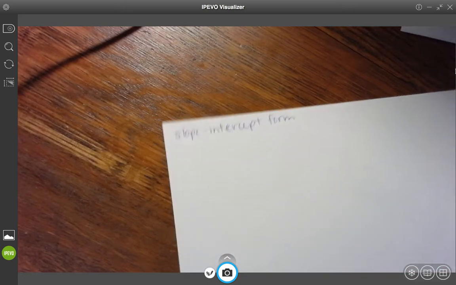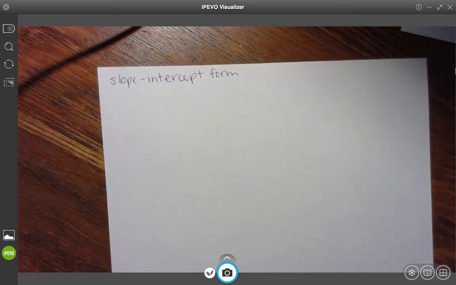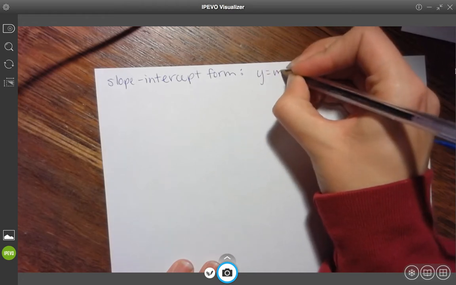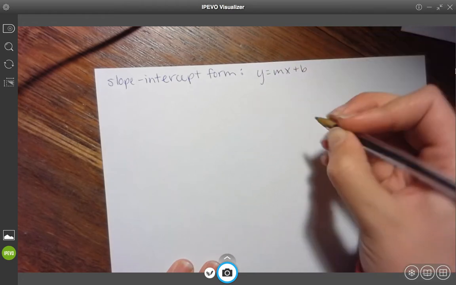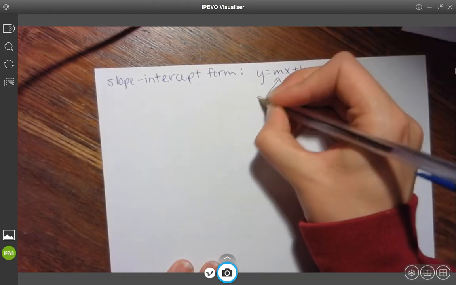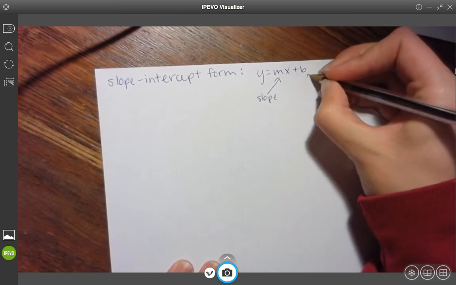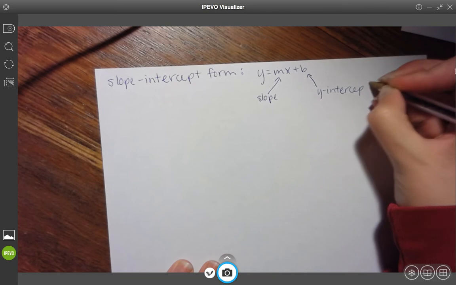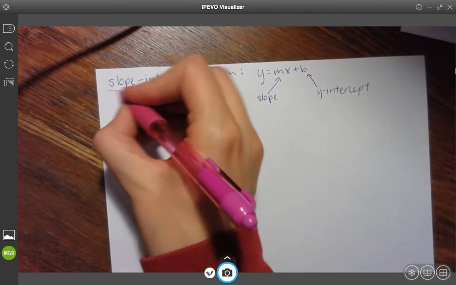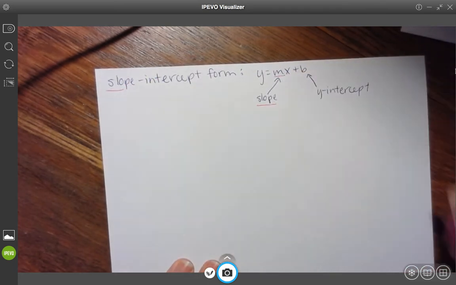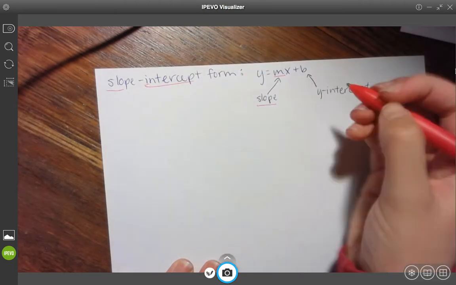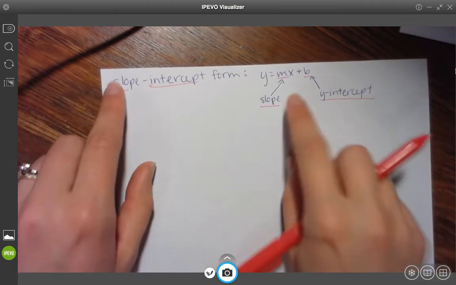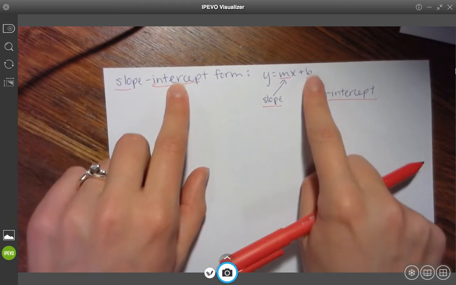All right, so slope-intercept form is y equals mx plus b, where m is slope, b is my y-intercept. Okay, so that's why it's called slope-intercept form. It has my slope, it has my y-intercept.